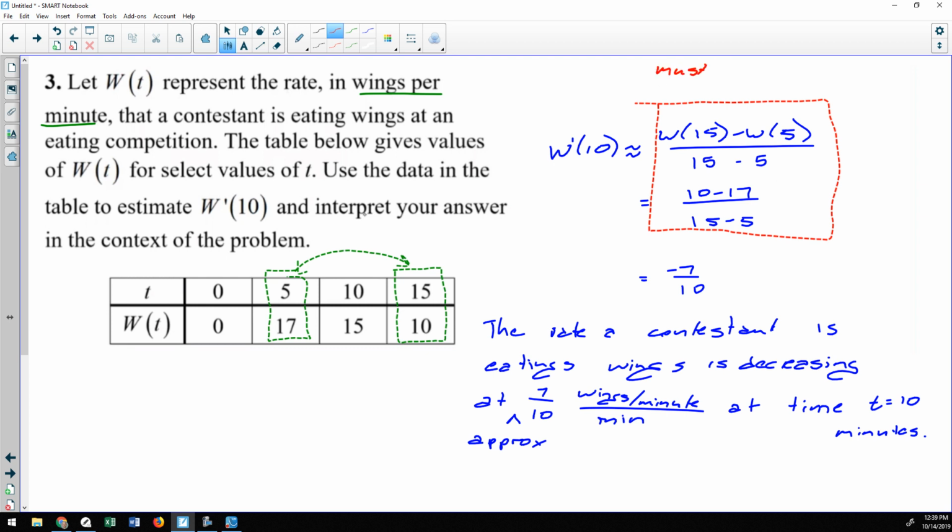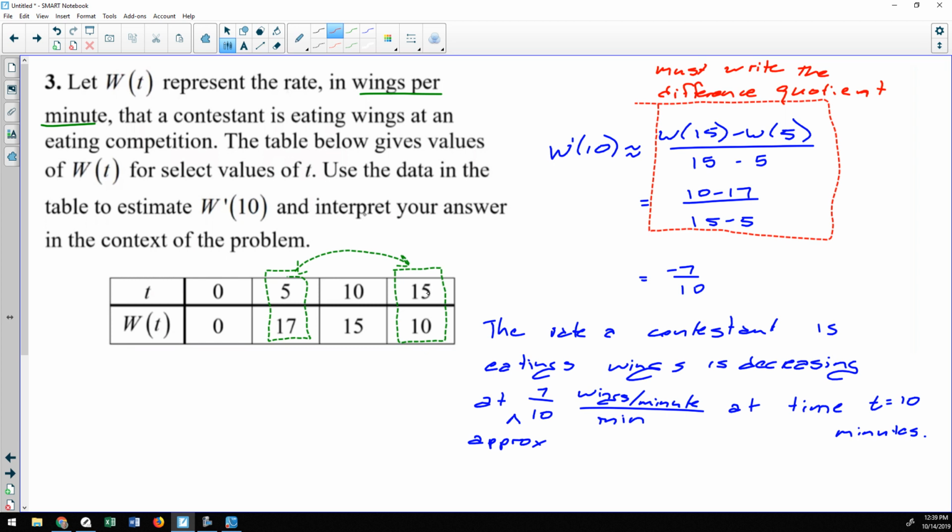So you must write the difference quotient. If you don't, you usually don't get the point for the value of 7/10. So always write down that difference quotient.